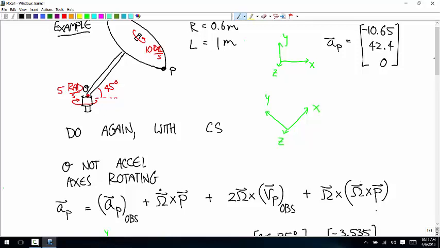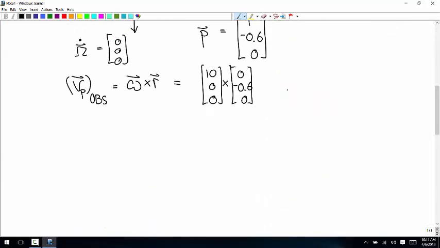So all that coordinate system sees is the disk spinning in the y and z directions, that circle in the YZ plane. And this is 0, 0, negative 6.